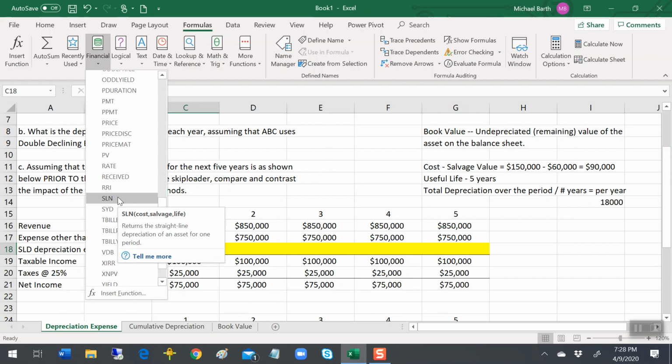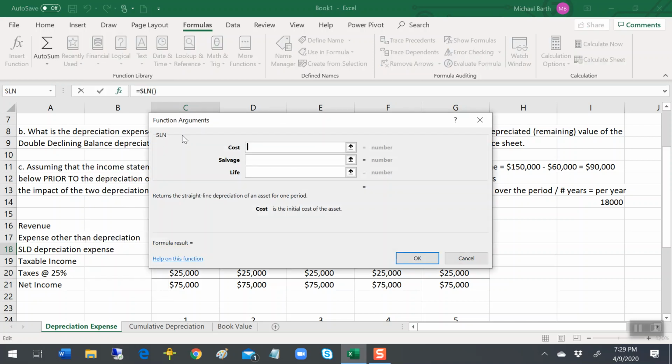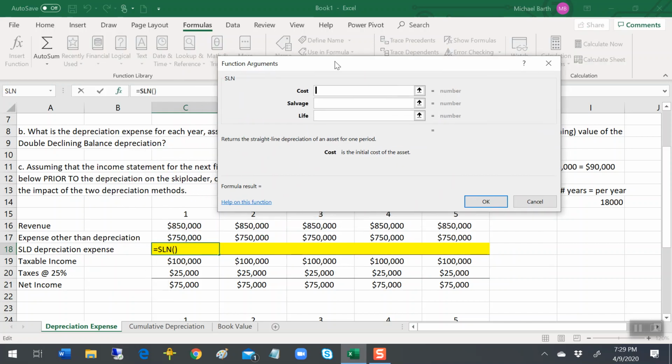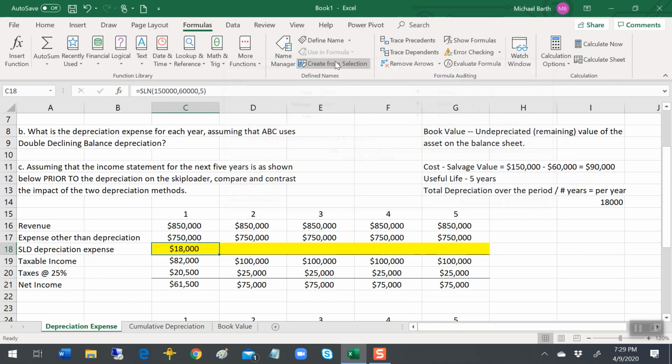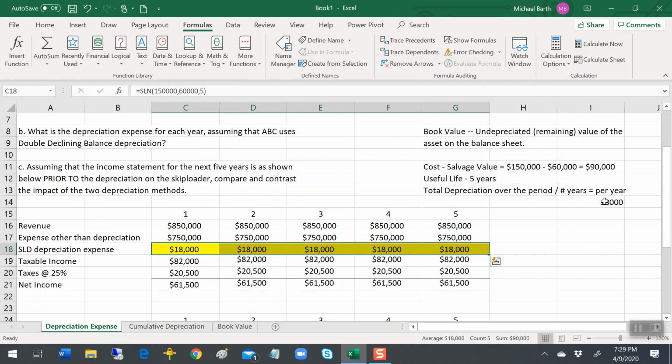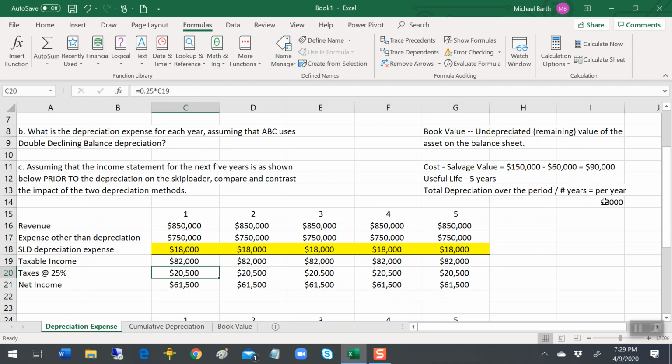It returns the straight line depreciation of an asset for 1 period. To enter in the function here, you have to have the cost, $150,000, the salvage, $60,000, and the life, 5. And it'll give you $18,000. That's exactly what I did over here. It's going to be the same each year. What that does is reduce our taxable income and reduce our net income.